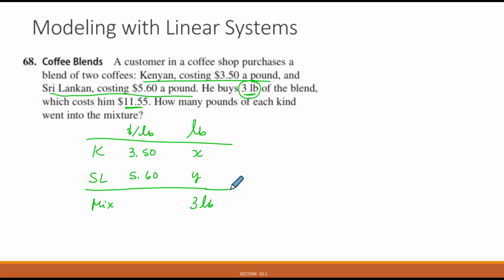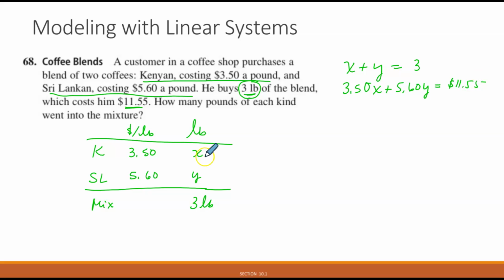Okay, so what do we got so far? We've got X plus Y is equal to 3 pounds. We have $3.50 for each Kenyan pound. We have $5.60 for each Sri Lankan pound, and we know that that totaled to $11.55.